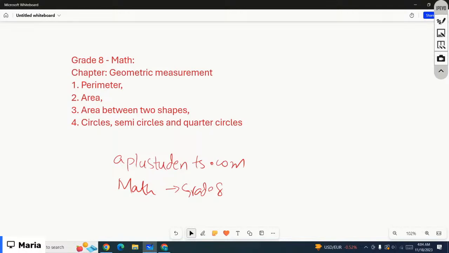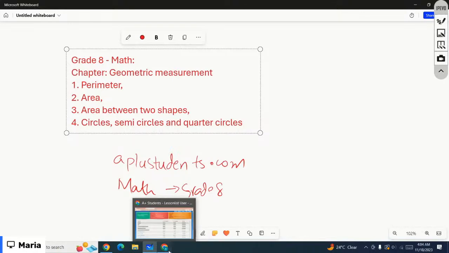Okay, so let's just start with the lesson geometric measurement. Please make sure you have your notebook and pencil so that you can note down the important examples and definitions as well.